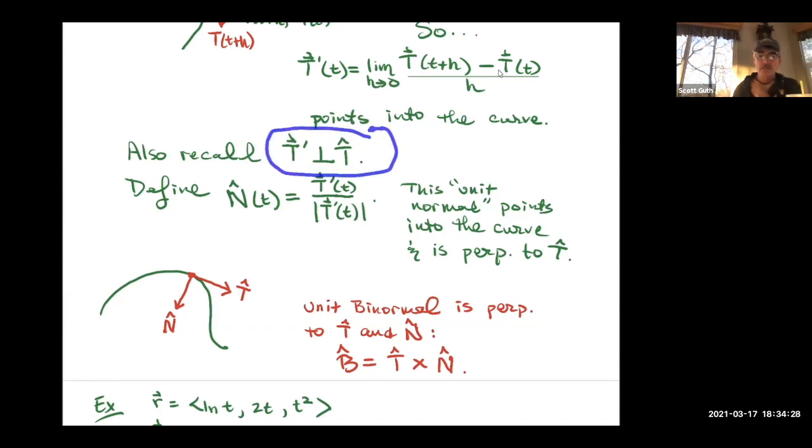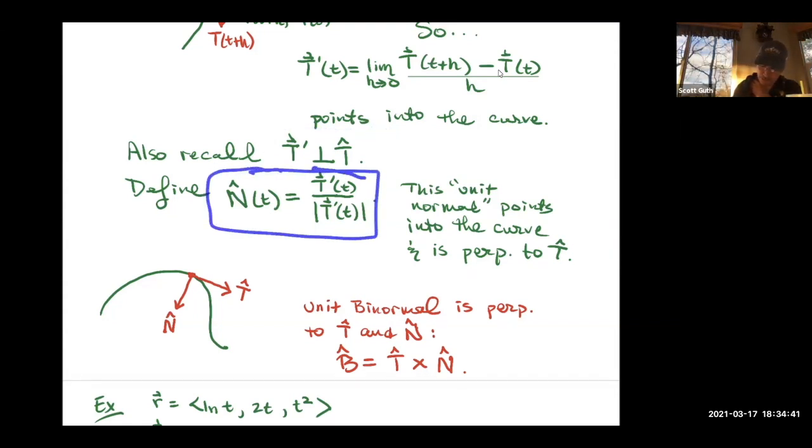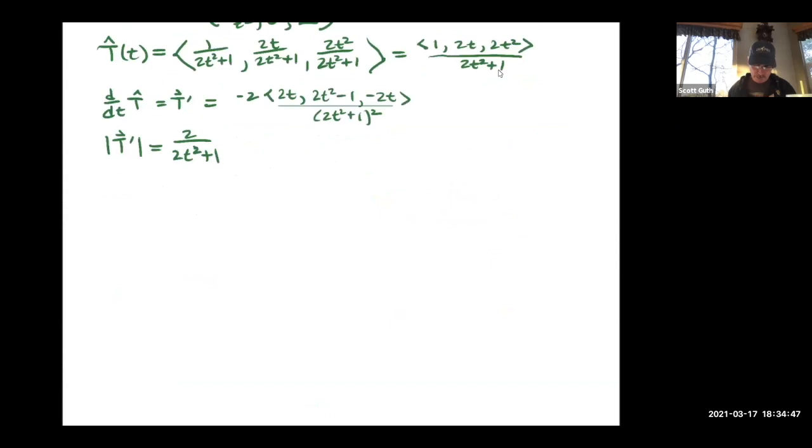Okay, so T is a unit tangent with constant length, T prime will therefore be perpendicular to it. So the unit normal just needs a vector that points in the direction of T prime with unit length. So we divide the length out and that gives the unit normal. So let's go ahead and do that real quick.